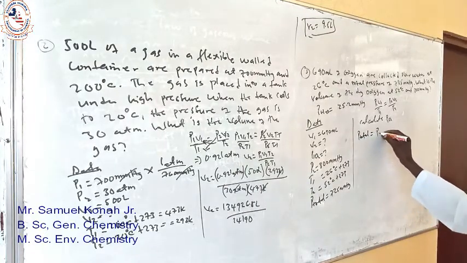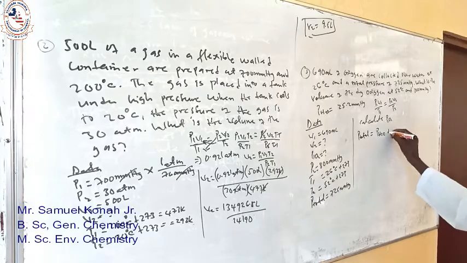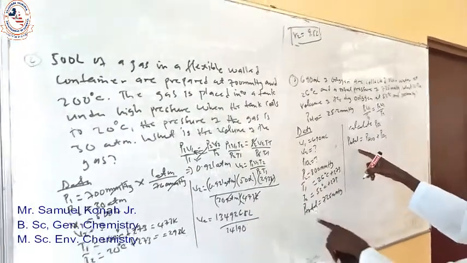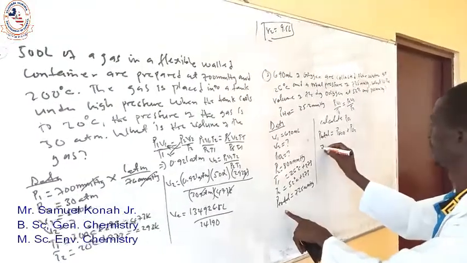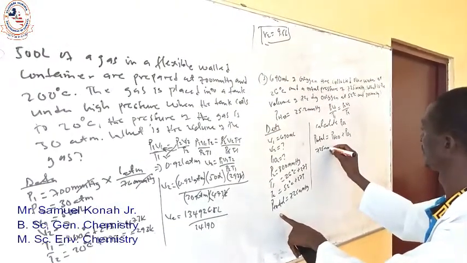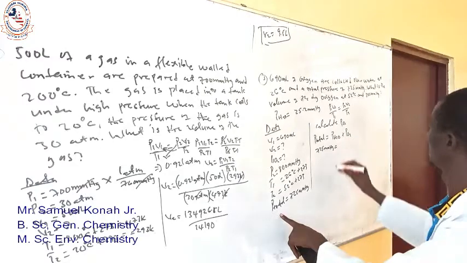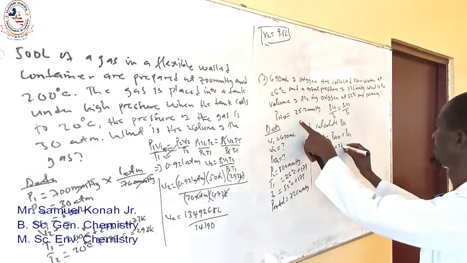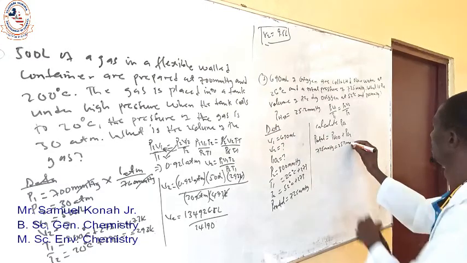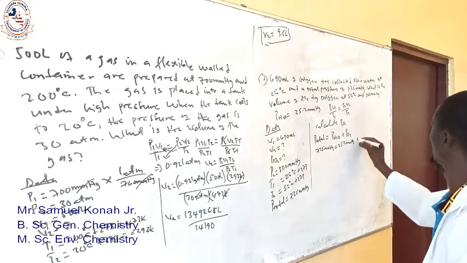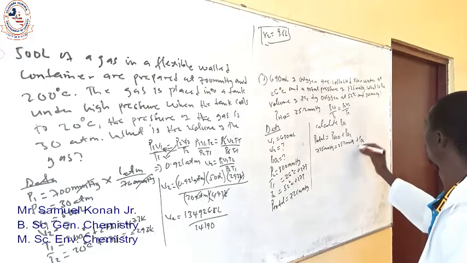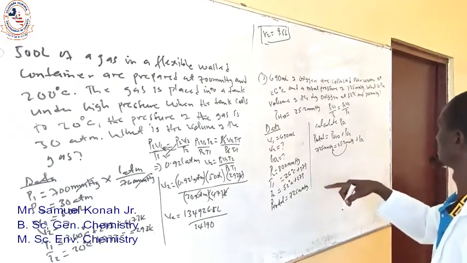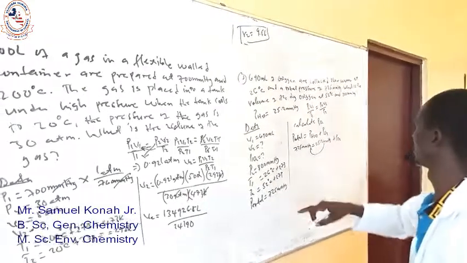We have total pressure is equal to partial pressure of H2O plus partial pressure of O2. Our total pressure is given to be 725 millimeter mercury, and our partial pressure for water is given to be 25.2 millimeter mercury plus PO2. So we send the 25.2 millimeter mercury across the equation.